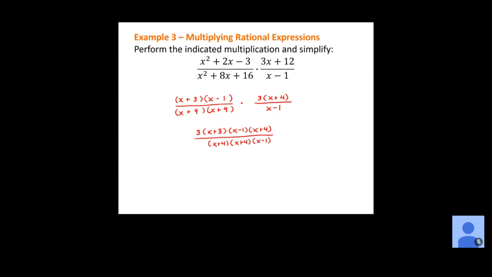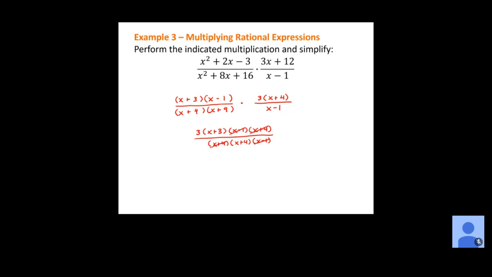Now I'm going to look for those common factors. So do I have any common factors that are going to cancel out this time? Okay, we have an x plus 4 in the numerator and denominator. I'm going to cancel out x plus 4. Notice here I can only cancel out one of the x plus 4s in the denominator, though, right? So it's 1 for 1. 1 in the numerator, 1 in the denominator. Do I have any other factors that I can cancel out? I also have an x minus 1 in the numerator and the denominator here.